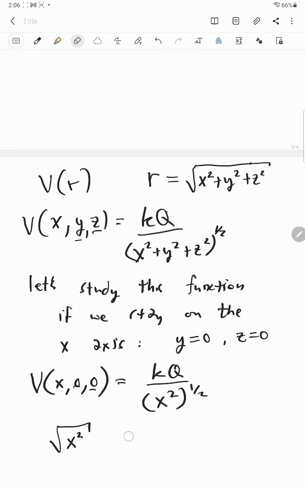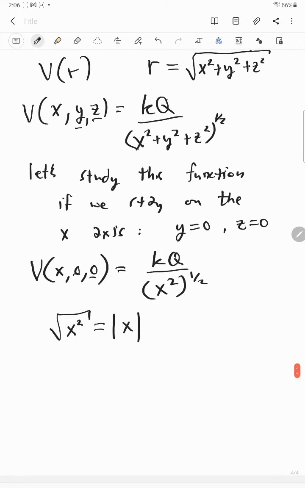The square root of x squared is actually the absolute value of x. The instruction here was to square x first, and then take the square root after, which means that squaring x first gets rid of a minus sign if there was one.